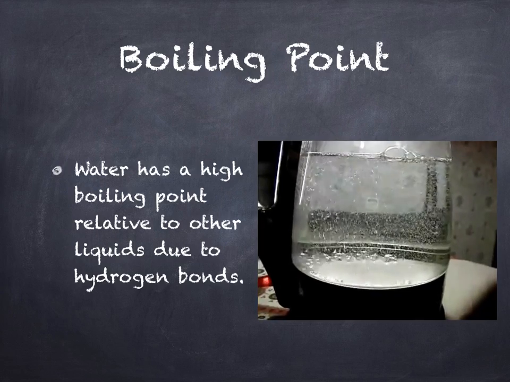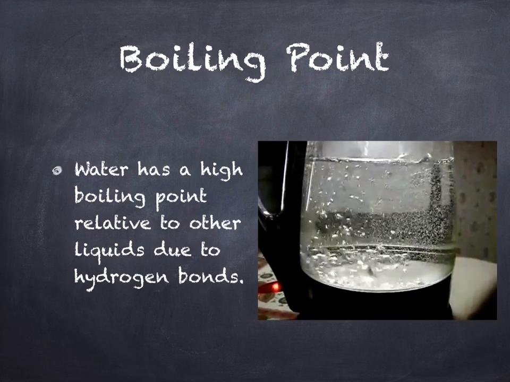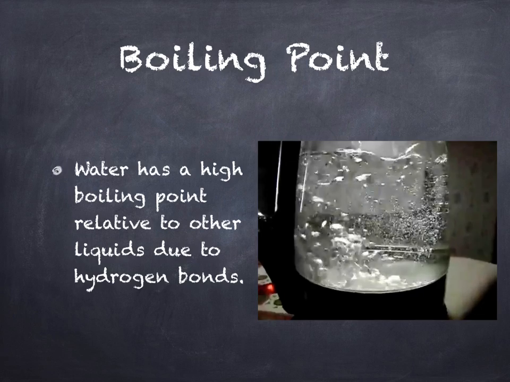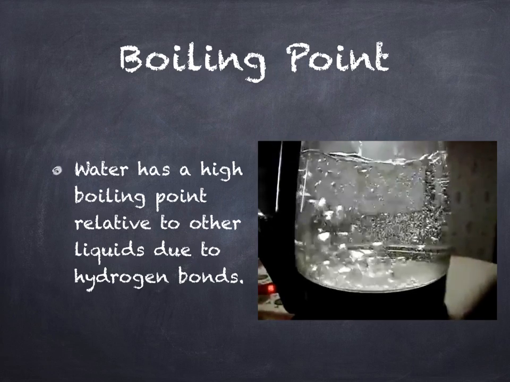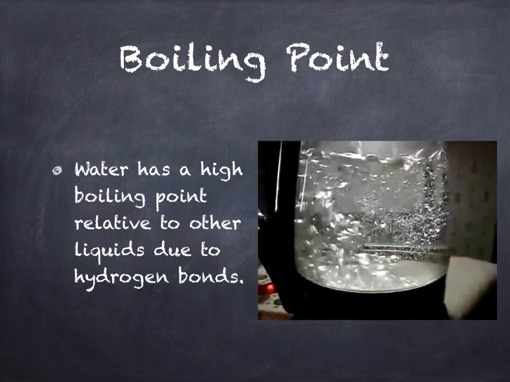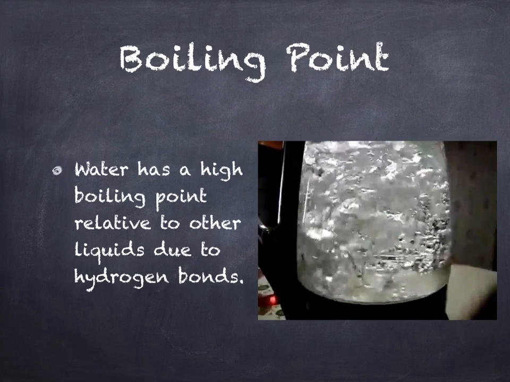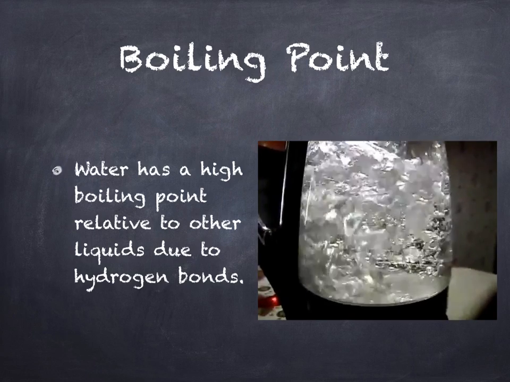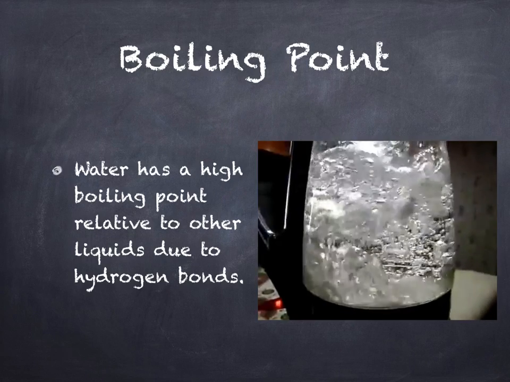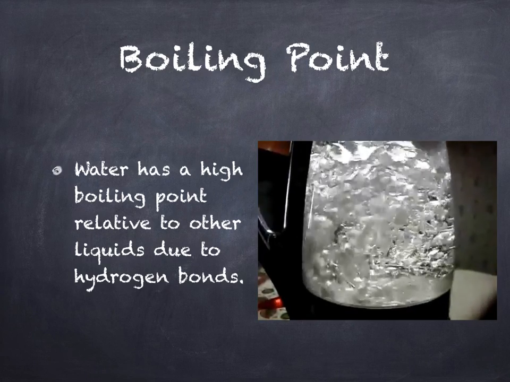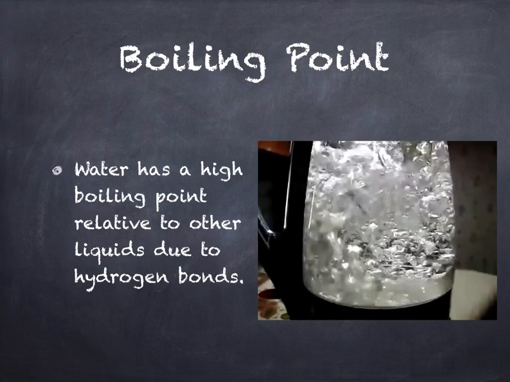Since each molecule sticks to the other molecules, it doesn't like to let go of its partner, and so it takes a lot more energy to get those molecules to vaporize into a gas. This is why it has such a high boiling point relative to other liquids. So, an interesting fact about water: that's why water has such a high boiling point, because of hydrogen bonding.